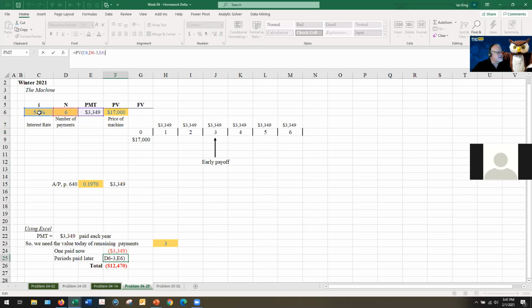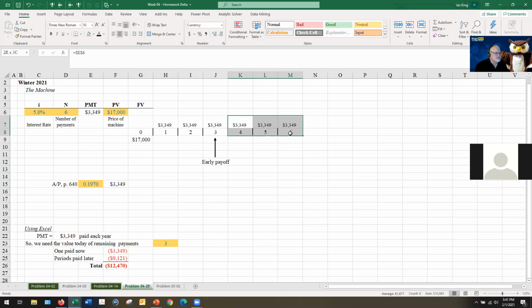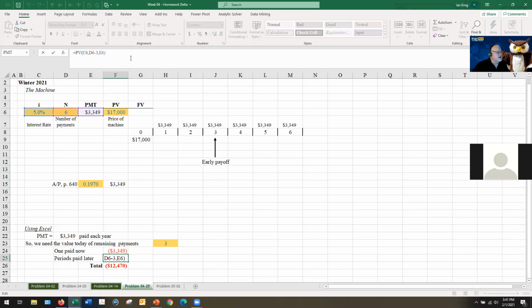Interest rate is 5%. Payment amount is $33.49. We know from our calculations. So the value of those 3 payments in years 4, 5, and 6 in year 3 is this $91.21. Present value of the amount, $33.49, over 3 years at 5%. And that's what this is.